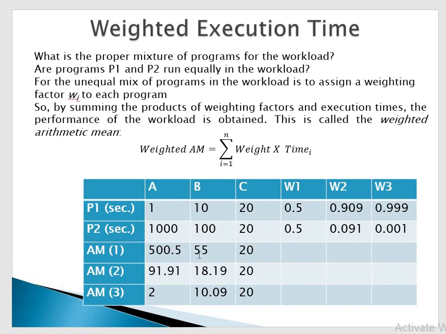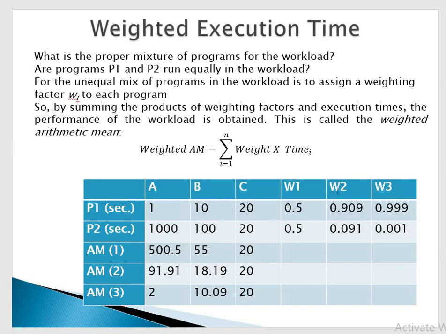Similarly, it will be 55. Again it is the sum of products: weight allotted to program 1 into execution time of program 1, plus weight allotted to program 2 into execution time of program 2. So it will be 55, and for machine 3 it will be 20.